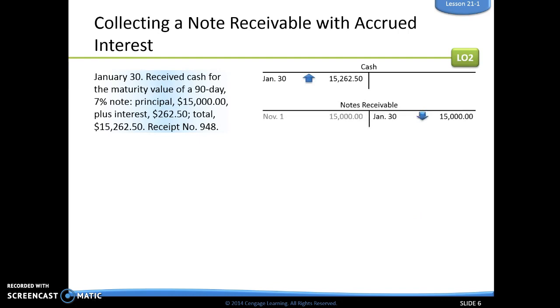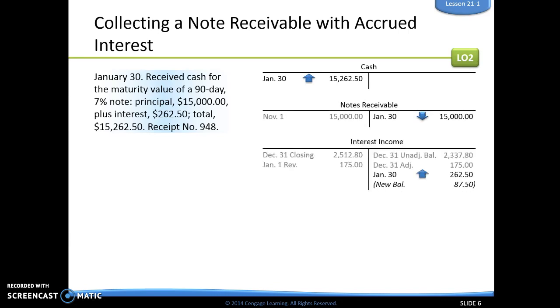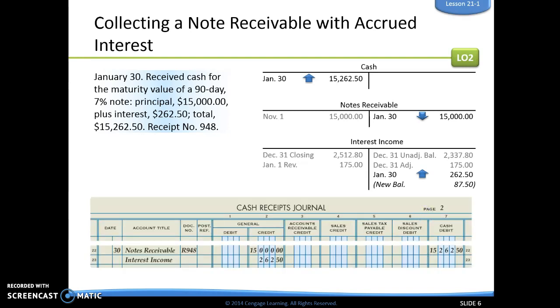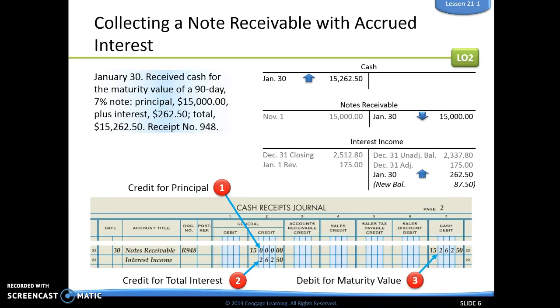We're going to credit our notes receivable for the principal of the note. And we're going to credit our interest income for the interest that we received. We're going to put that into our cash receipts journal because we are receiving cash. We credit the principal to notes receivable, credit interest income, and debit cash for the amount that we received.